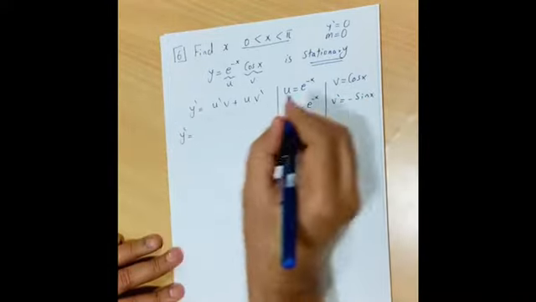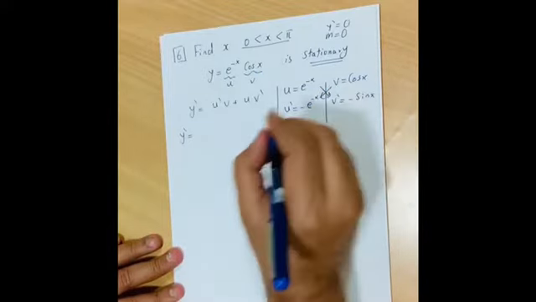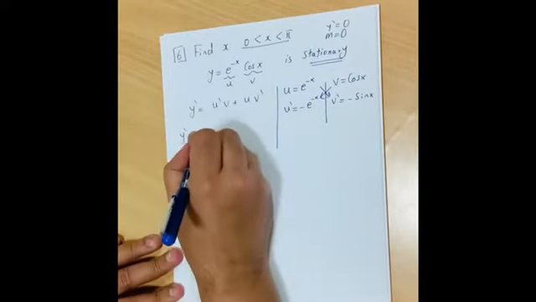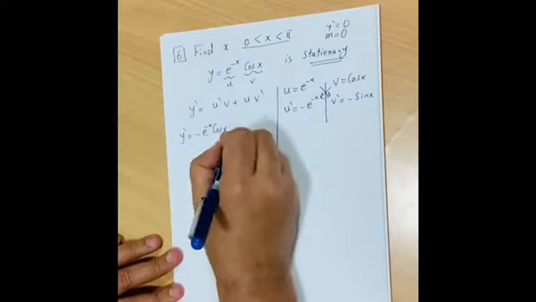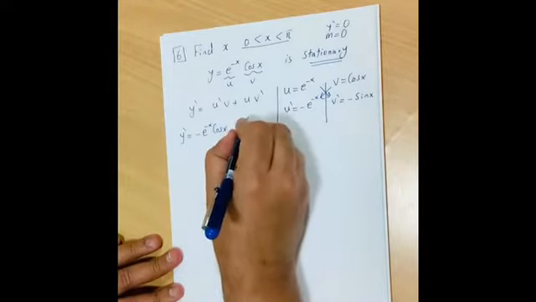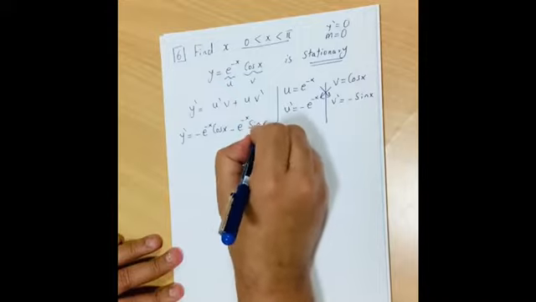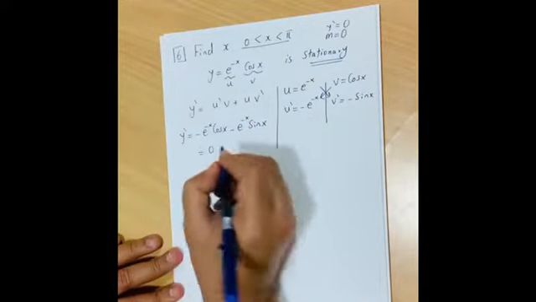So y dash is v u dash plus u v dash: negative e power of negative x cosine x minus e power of negative x sine x equals 0.